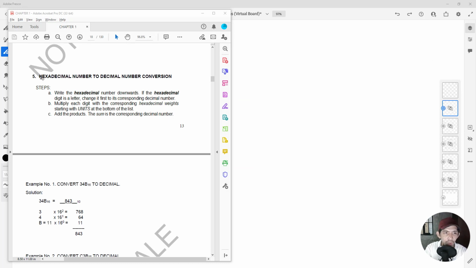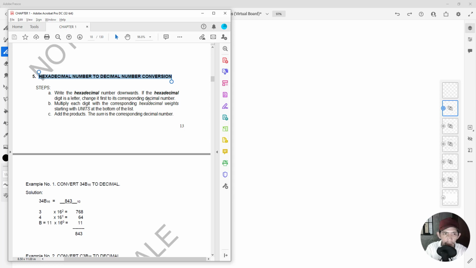Dalawa na lang. Okay. So, we have a hexadecimal number to a decimal number. Okay. So, we have hexadecimal to decimal. So, kung naalala niyo yung kanina, yung binary to decimal. So, parang ganun lang din yung steps natin dito.